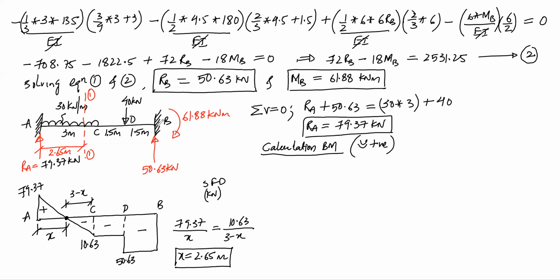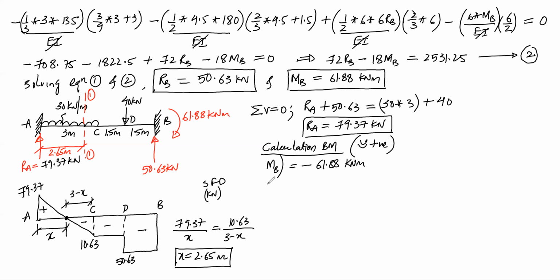So we know at point B we have a hogging moment. So moment at B is hogging 61.88 kilonewton meter.